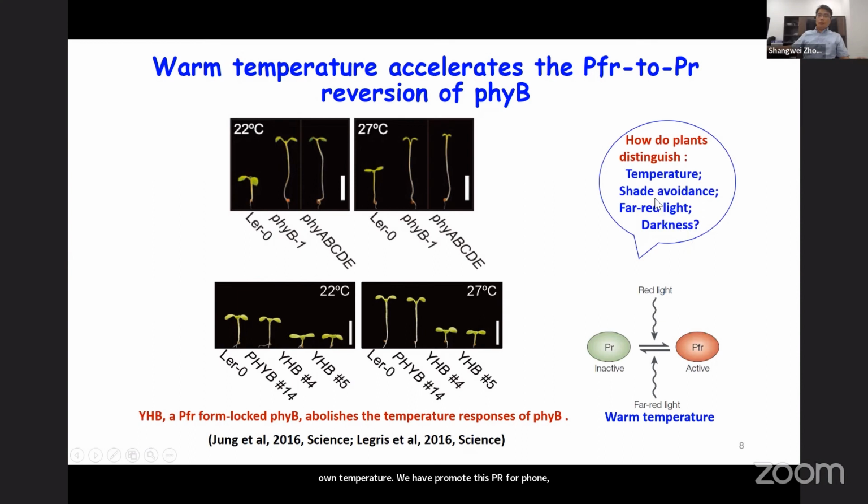However, besides the temperature, other signals such as shade avoidance, far-red light, and darkness all regulate this process. So how plants distinguish these signals is still unclear.